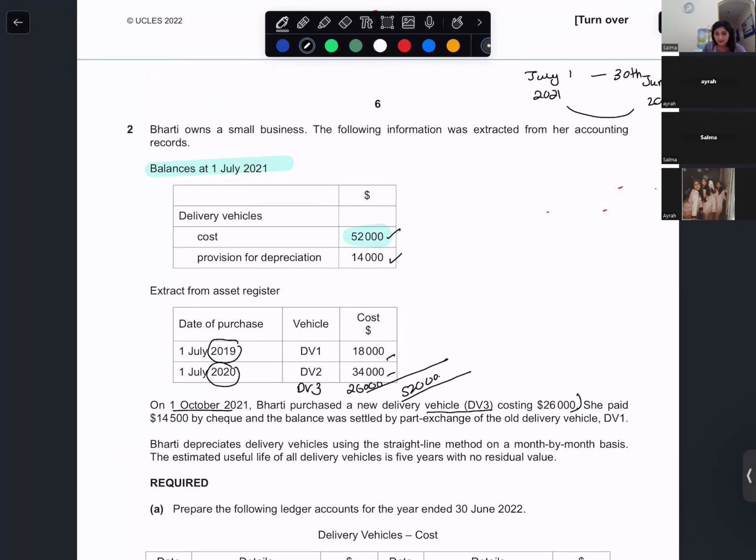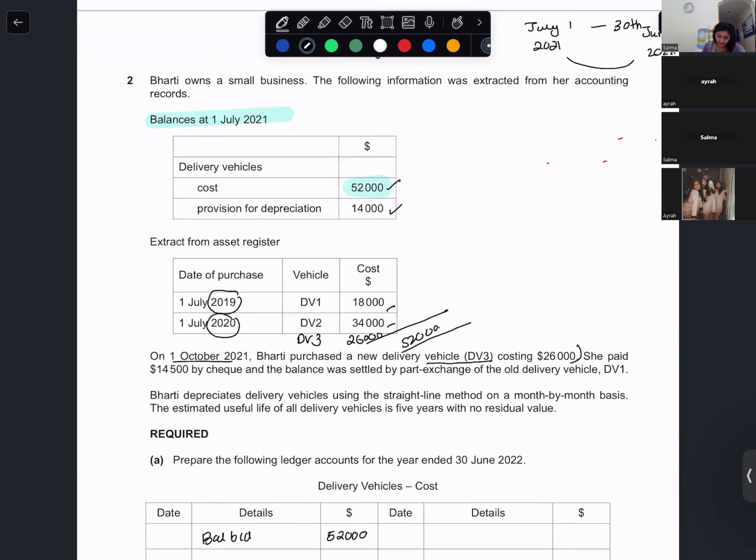Tell me, what will you do of this new vehicle that you purchased for 26,000? 14,500 you will put as bank in the vehicle account.